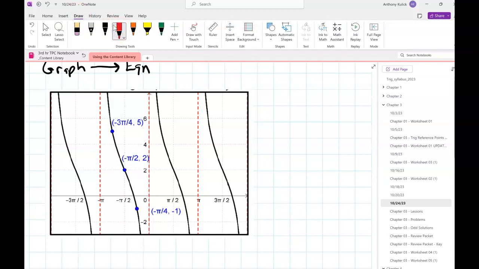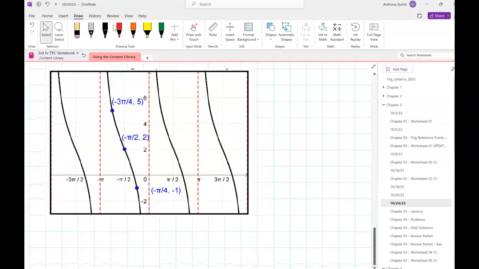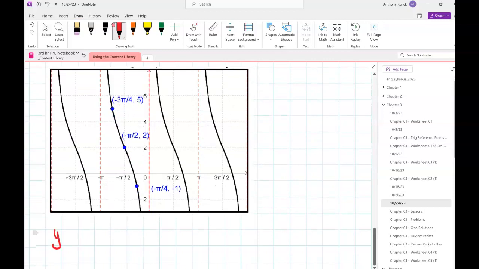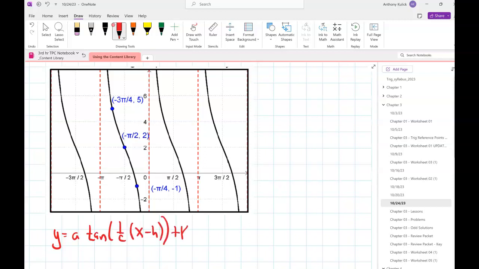So let's say we're looking at this graph of a tangent function. I'm looking for the values for A, C, H, and K so that I can fill those into my equation, and then I'm done, right?